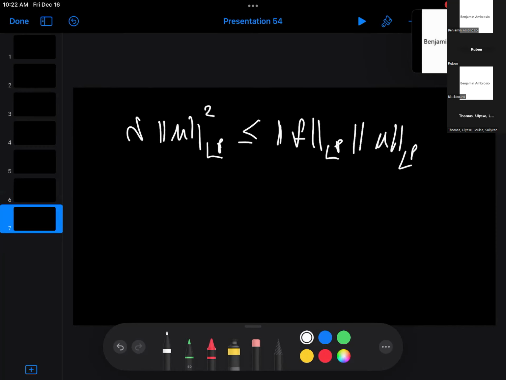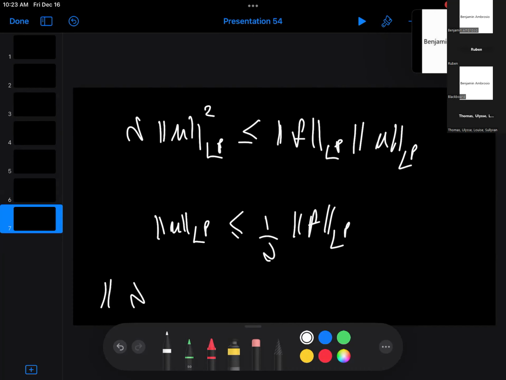So it gives me that the norm of U in LP is less than 1 divided by lambda times the norm of F in LP, which is exactly that the norm of (lambda identity minus A) to the power minus 1 applied to F in LP is less than 1 divided by lambda.